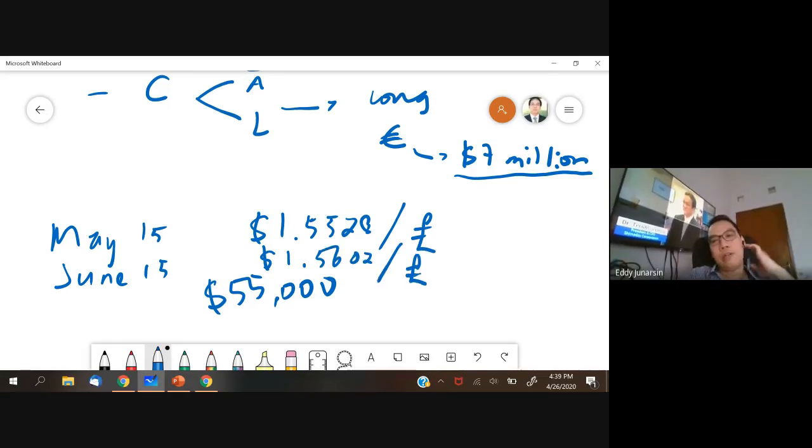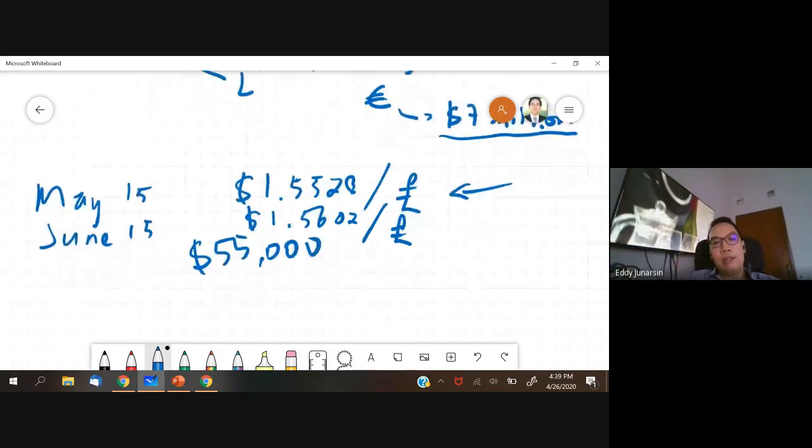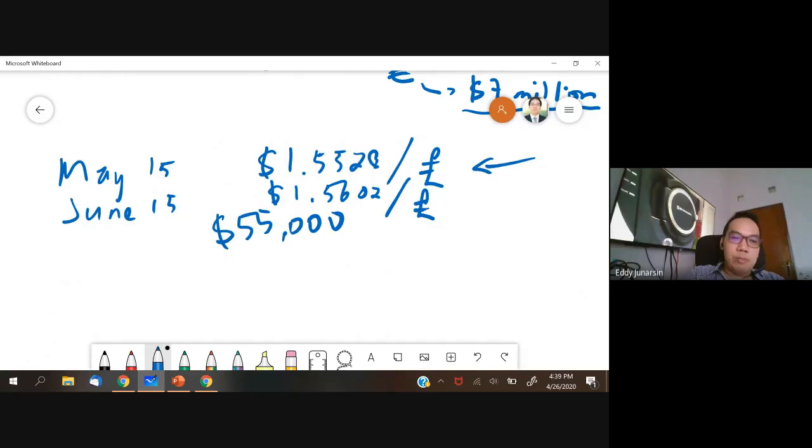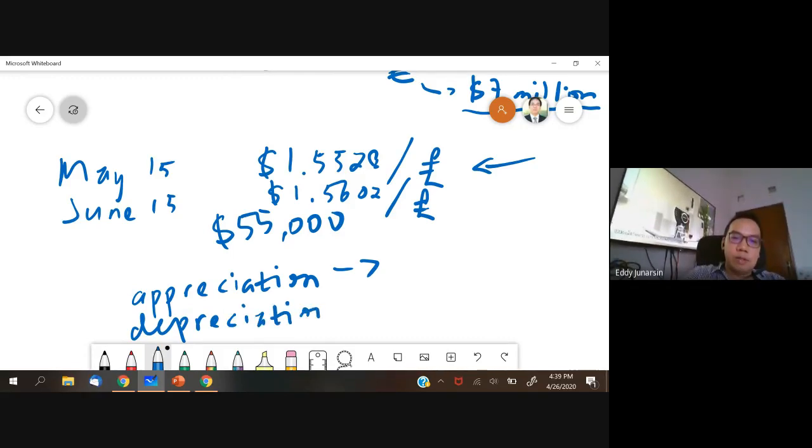So what's happening for the last 1 month? You see the number in the reference currency shows an increase. It means that the anchor currency has appreciated, right? So we have two common terminologies here. Appreciation means an increase, and depreciation means a decrease, if it happens naturally.